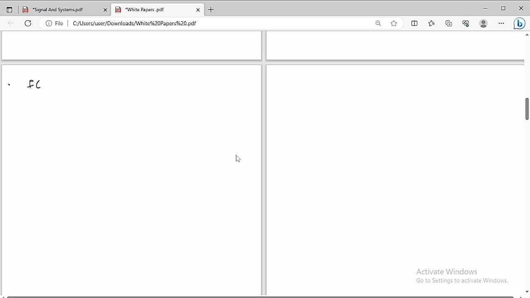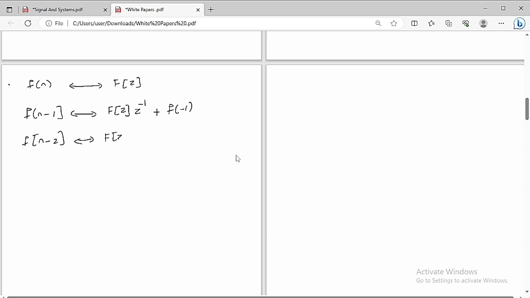For f of n, the unilateral Z transform is f of z. For f of n minus 1, the unilateral Z transform is f of z into z to the power of minus 1 plus f of minus 1. Then f of n minus 2, what is the unilateral Z transform?